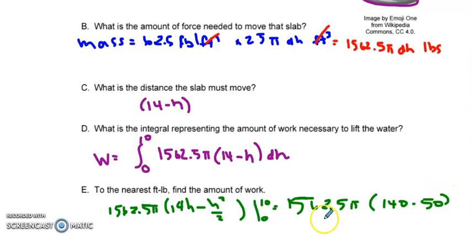So I need 1562.5 pi times this difference, which is 90, and I'm getting my final answer of 140,625 pi, and my work is going to be in foot-pounds.